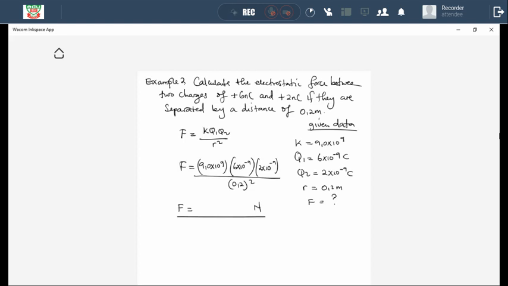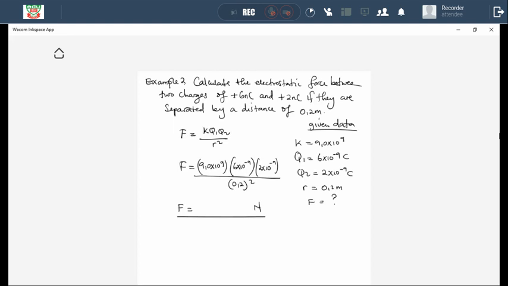I've got my constant 9,0 times 10 to the power 9. Is that okay? Then I close and I open again. What follows? 6 times 10 to the power negative 9. I close, then I open.